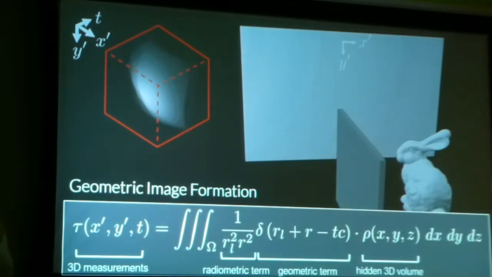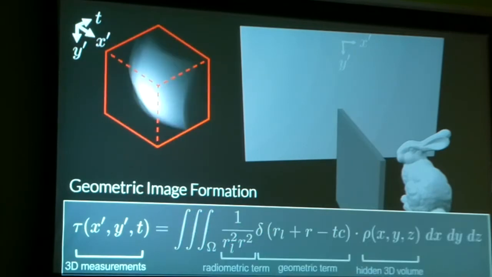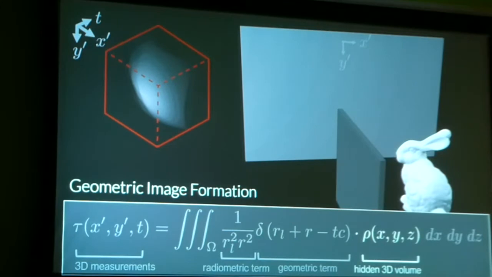And we can describe these measurements with some math in this image formation model. So the measurements, which I'll call tau, are related to the hidden volume, which we parameterize as a voxelized volume, basically trying to estimate at each XYZ coordinate the amount of light that's reflected, or the brightness, or basically the albedo at each XYZ coordinate in the volume.